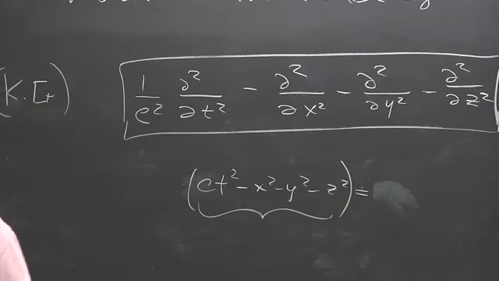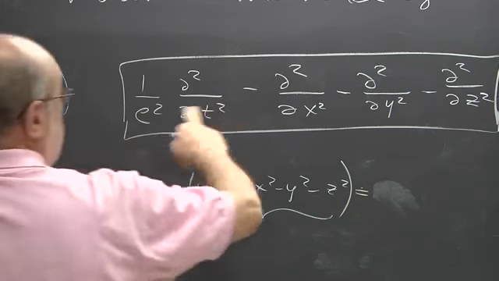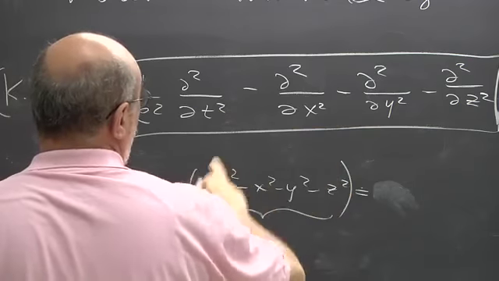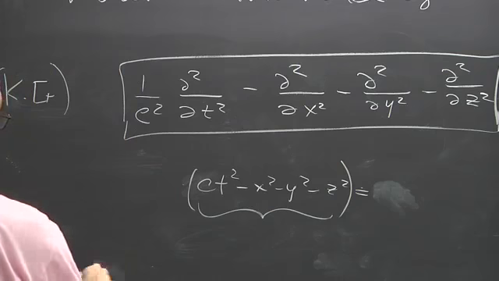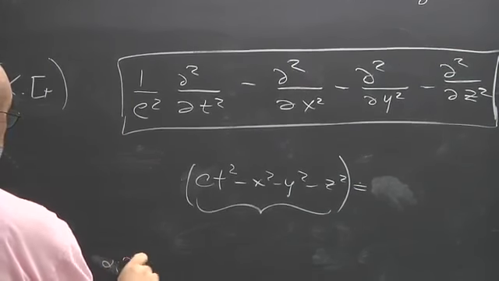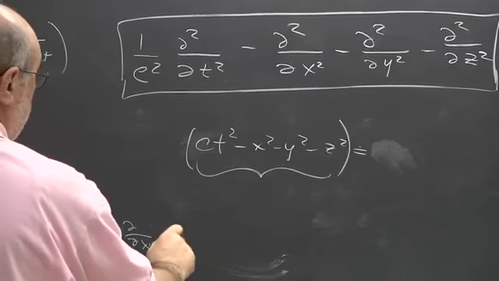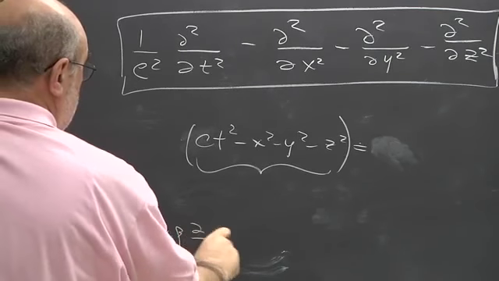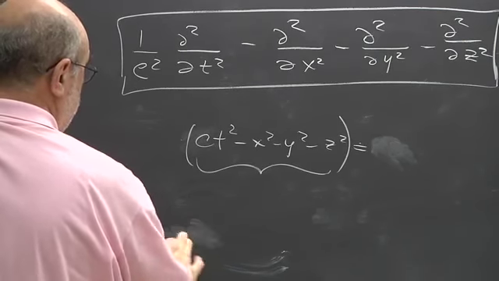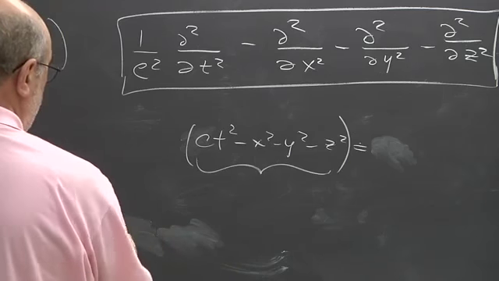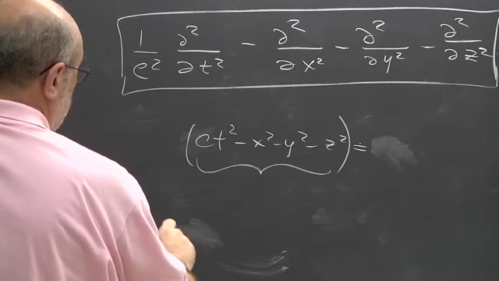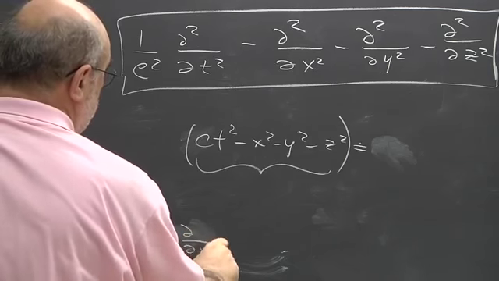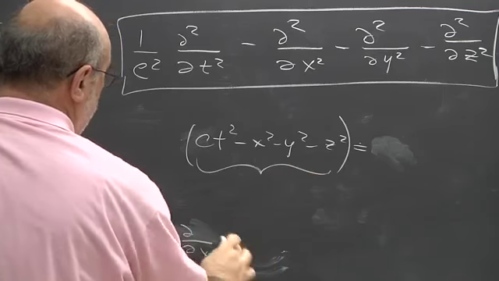Now, what about the Dirac case? In the Dirac case, we did not have anything that resembles this quantity. We had something like d/dt plus alpha_i d/dx_i, and then the mass term with beta.